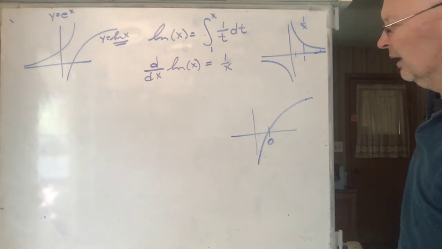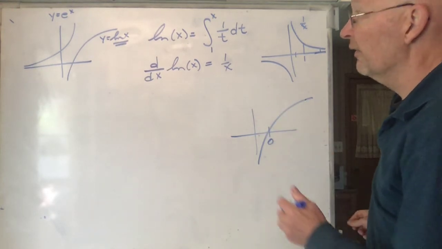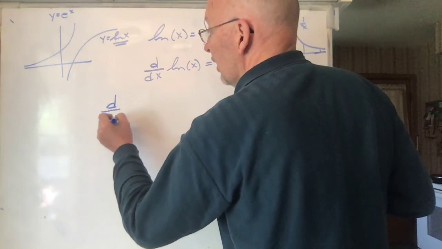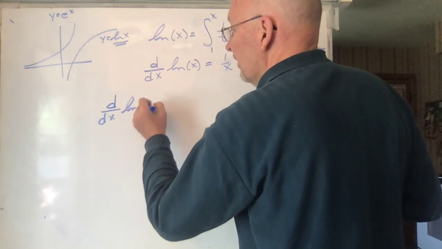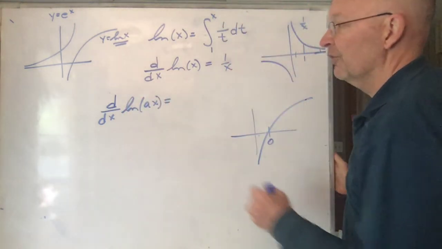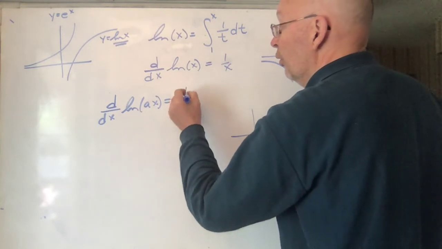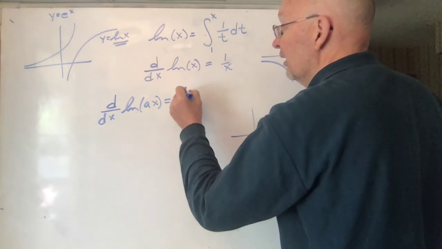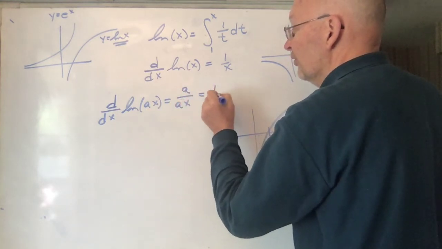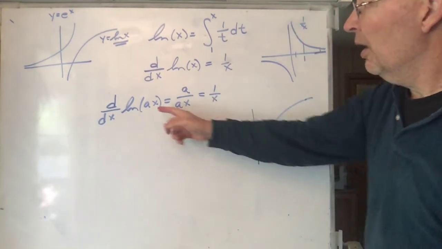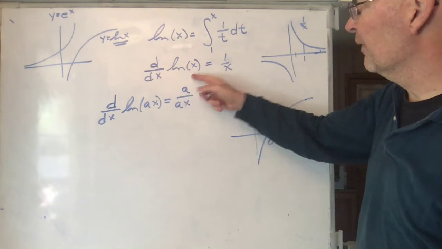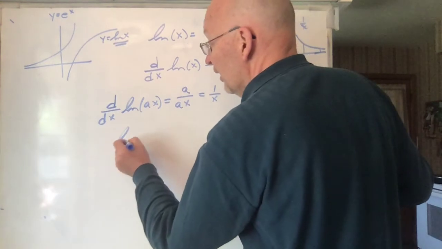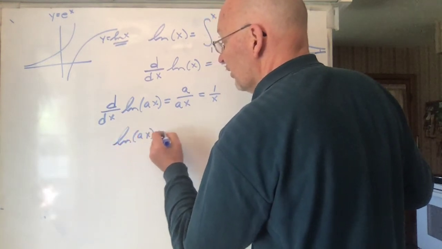Okay, so all the properties of the logarithm come just from this. I don't want to take time to go into all of them, but let's just look at the most important property of the logarithm. If we take the derivative of the ln of a times x, then by the chain rule, what's that going to be? It's going to be 1 over ax times the derivative of ax. The derivative of ax is a, and so notice that reduces to 1 over x. So notice that the derivative of this and the derivative of this are the same, and if the derivatives of two functions are the same, that means that those two functions vary by a constant, right?